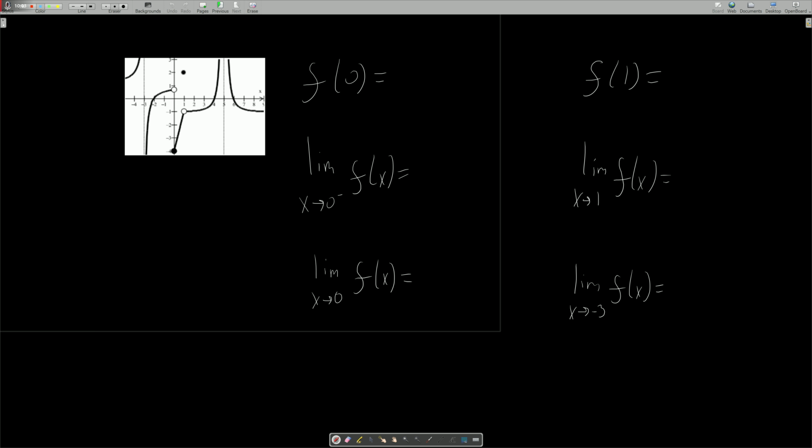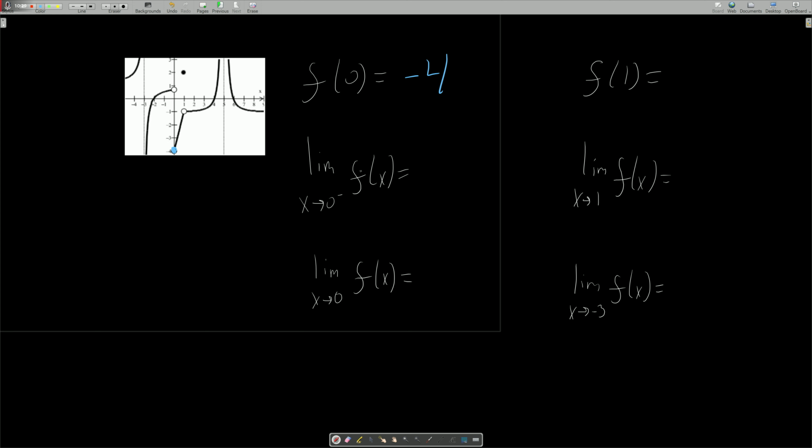The function doesn't exist at these locations. Now these dots right here, the function does exist at these locations. So let me show you. So f of 0, you go to x 0 and try to find where the function is. It's right here because that dot I was mentioning is at -4.